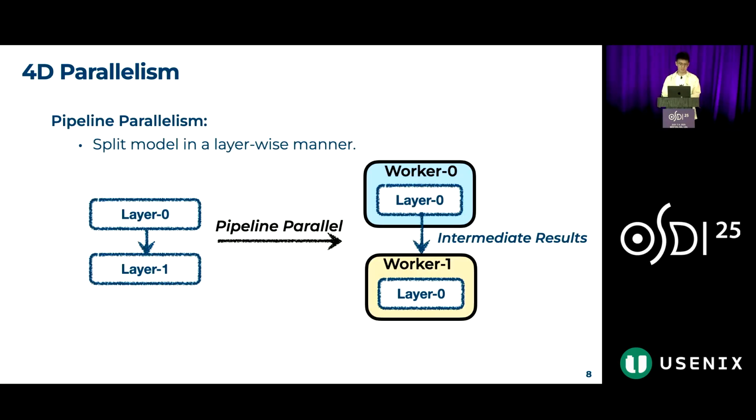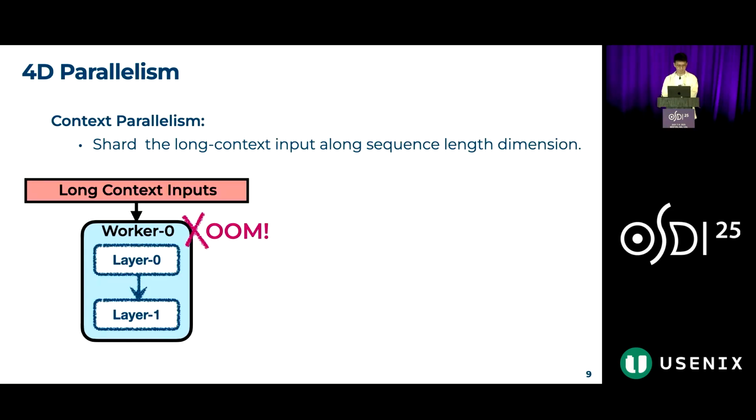Pipeline parallelism splits the model in a layer-wise manner. Here, each worker gets one layer, and during training, we have to communicate the intermediate results between PP workers. Context parallelism is designed to mitigate the large memory consumption of the activations in long context training.